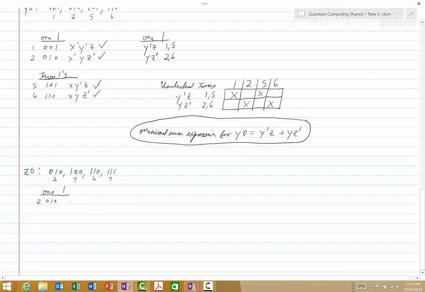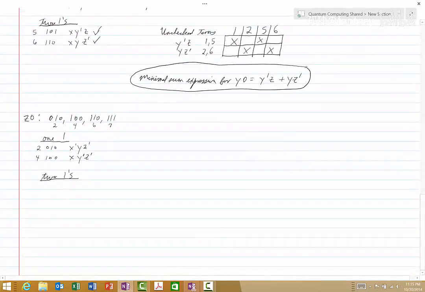Okay, so with one 1, we have the 0, 1, 0 term, which is x prime, y, z prime. And we also have 4, 1, 0, 0, which is x, y prime, z prime, and there are no other terms with only one 1. What about two 1s?